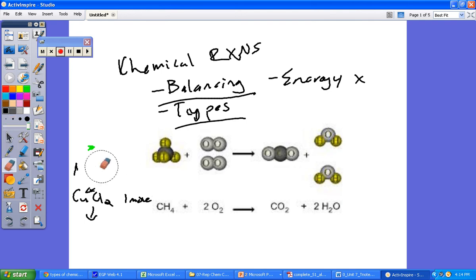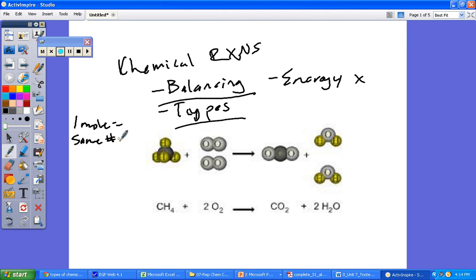So from that, we were able to come to the idea that we need to have balanced equations. Now, the way we balance these equations is we know that 1 mole equals the same number of particles in a reaction. So remember that mole number is 6.02 times 10 to the 23rd particles.